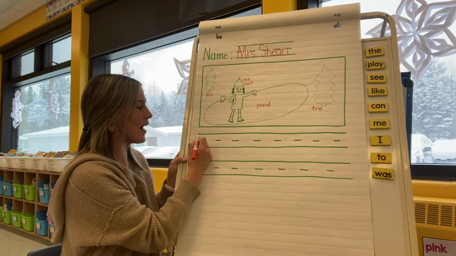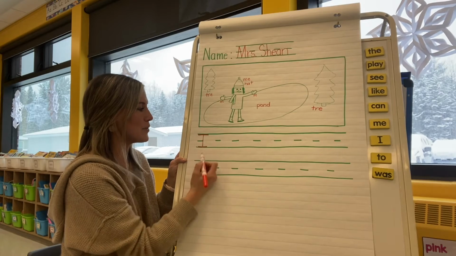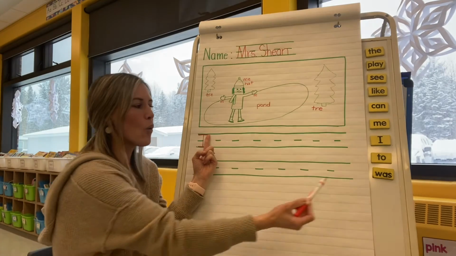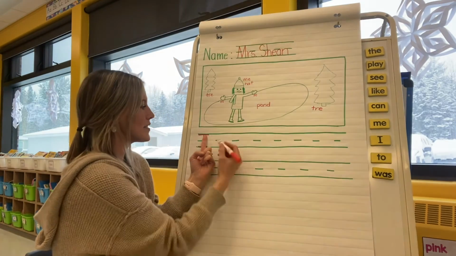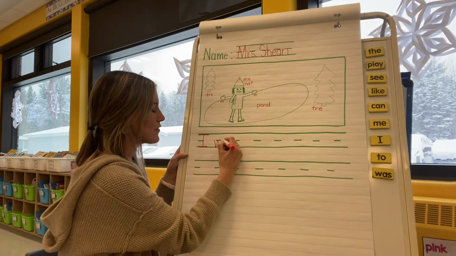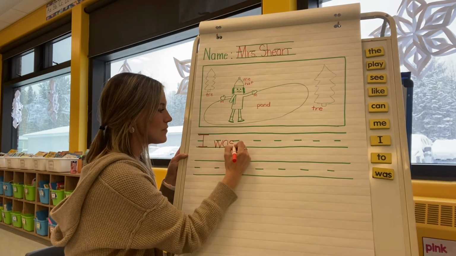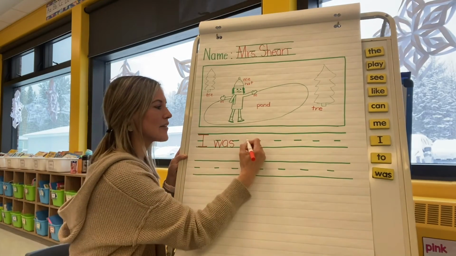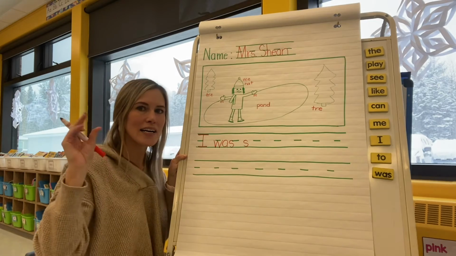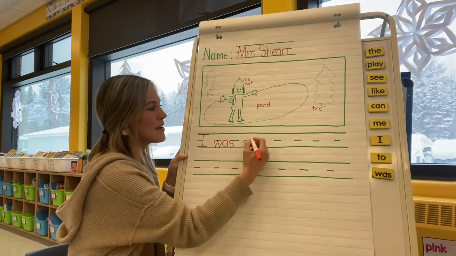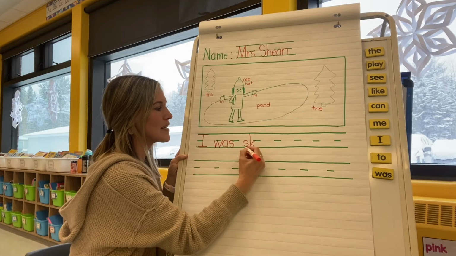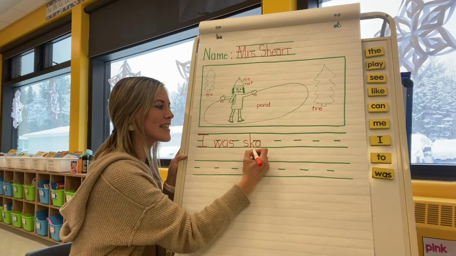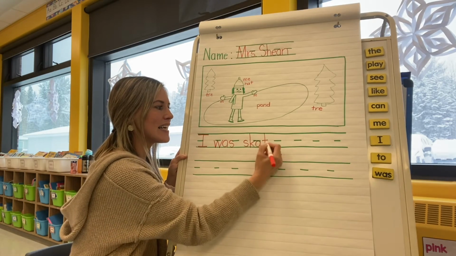So I know the sight word I, when I'm using it as a word, it's always uppercase. So I, my finger space, was, W-A-S. We may need to look at that to refer to, that's okay. I was skating. I hear that S. We know it could be a C or a K, so it is a K in this case. A, here an A, ing.